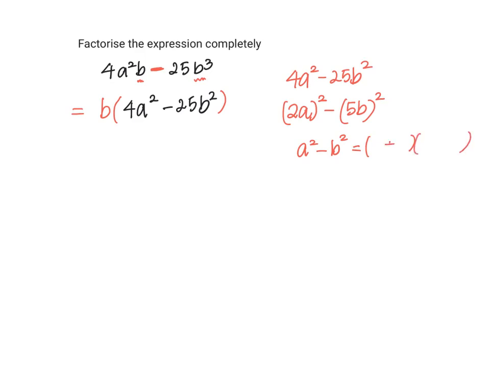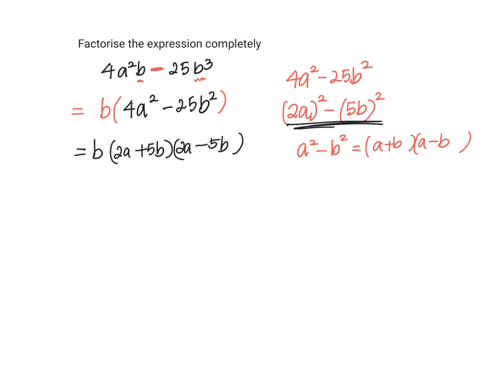And how many signs? 1 plus, 1 minus, so (a plus b)(a minus b). So in this case, I will get b, bracket 2 factors, 2a squared minus 5b squared. So this will become 1 plus 1 minus: b(2a plus 5b)(2a minus 5b).